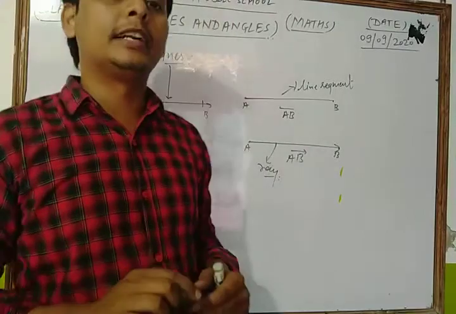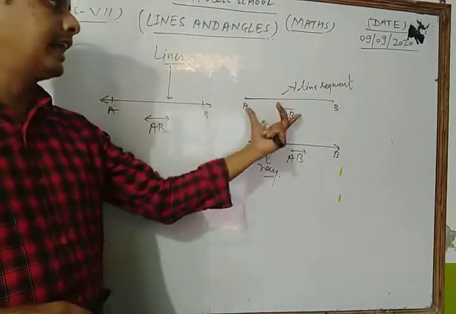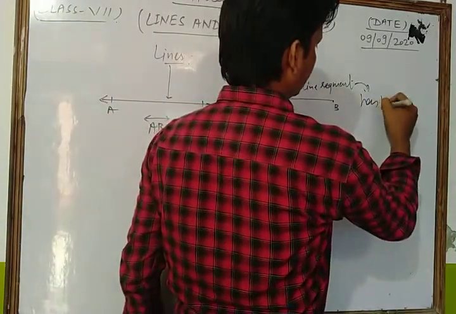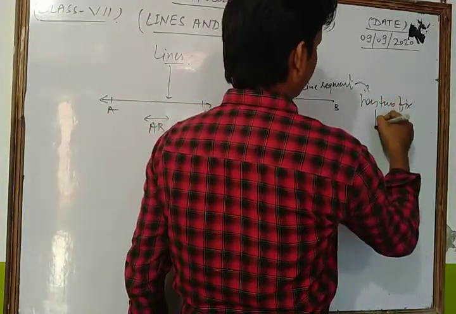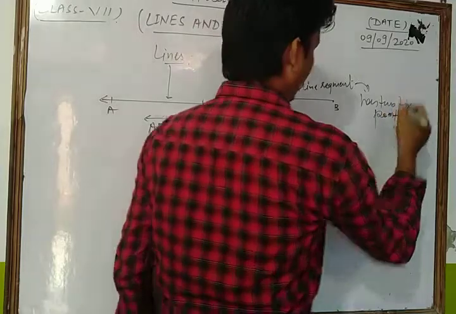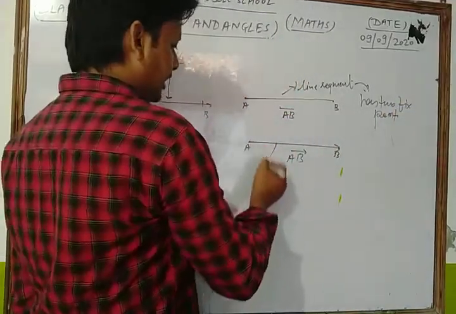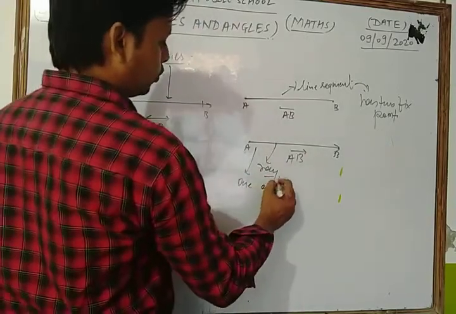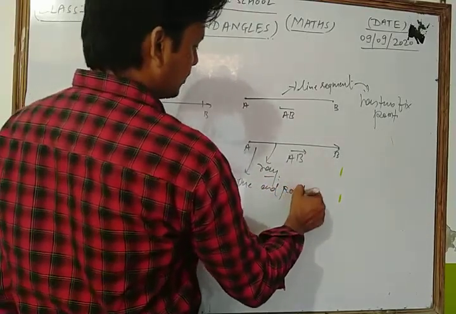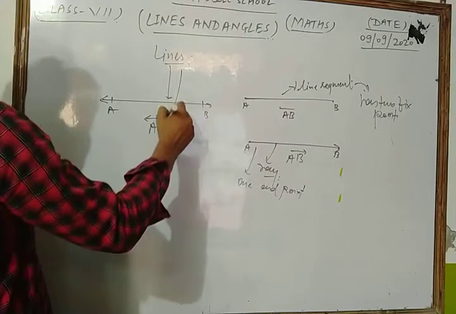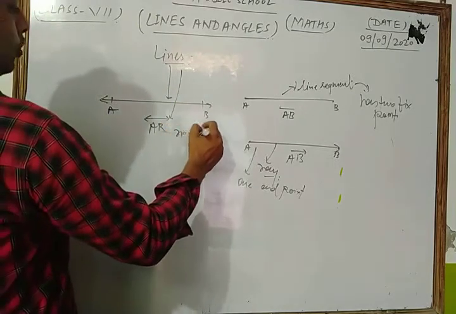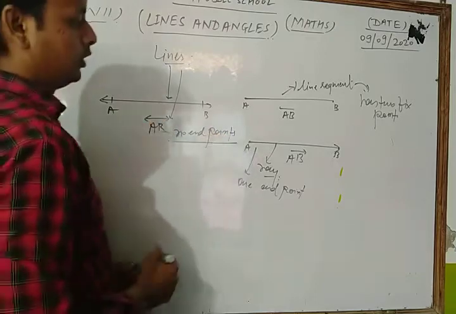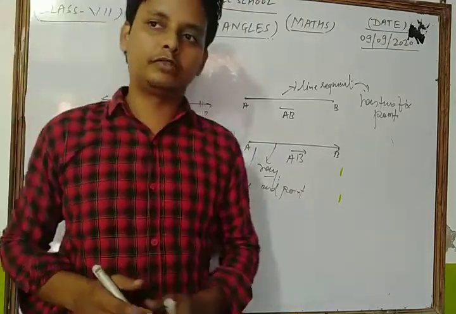In this way, we can say that a line segment has two fixed points or endpoints, a ray has one endpoint, and a line has no endpoints. So this is the concept of the different lines.